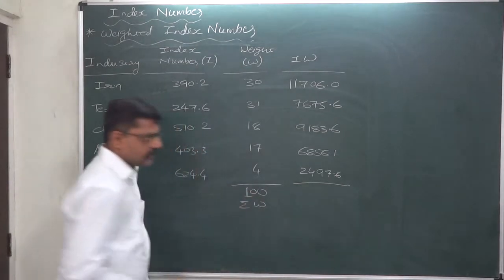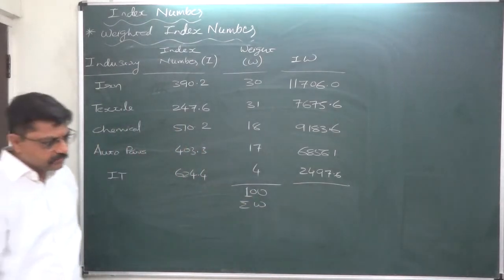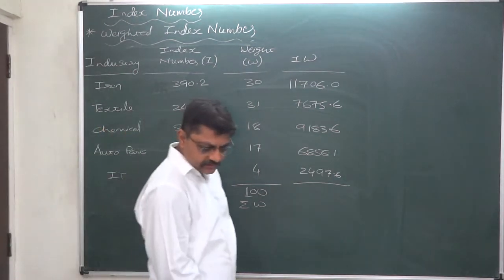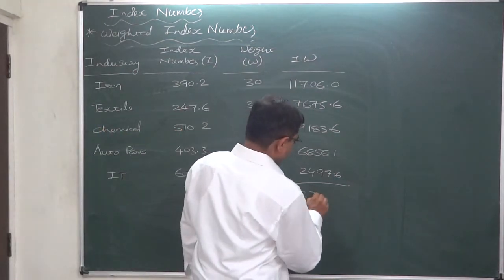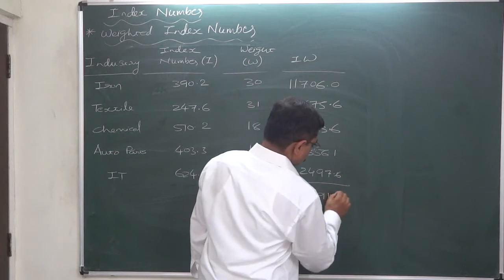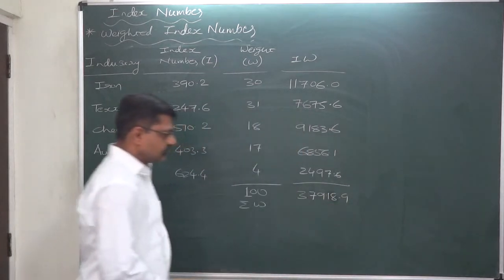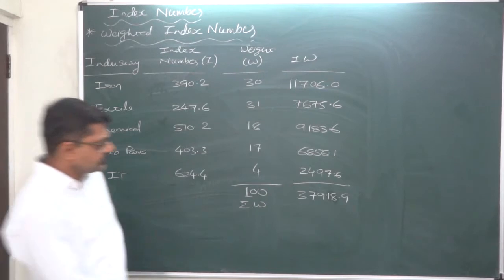Sigma W, and in this case, what is the total of IW? It comes to 37,918.9. This is sigma IW.